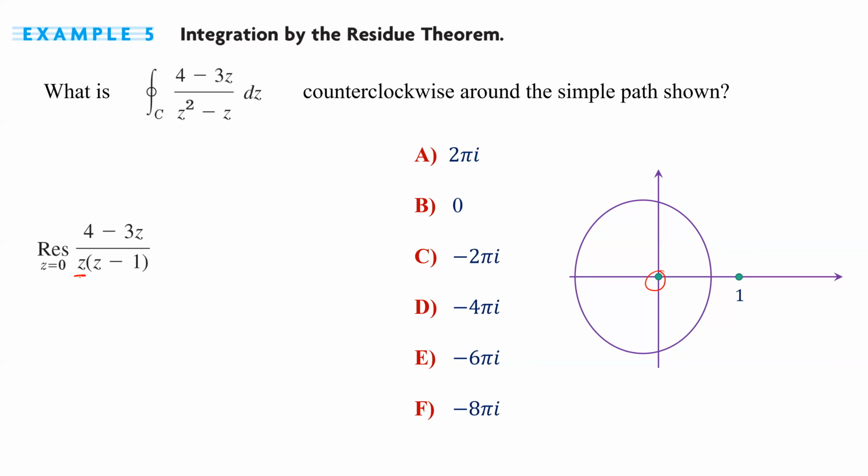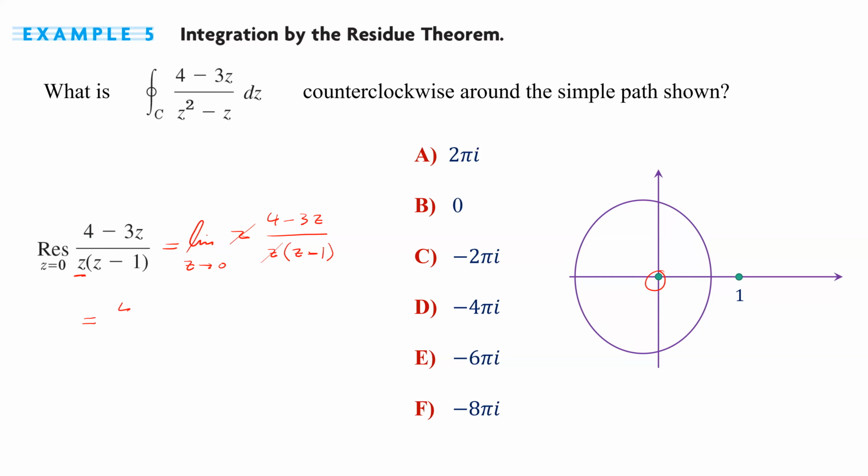So the residue at 0 is evaluated as the limit as z approaches 0 of z times the function 4 minus 3z divided by z times z minus 1, and the z cancels.